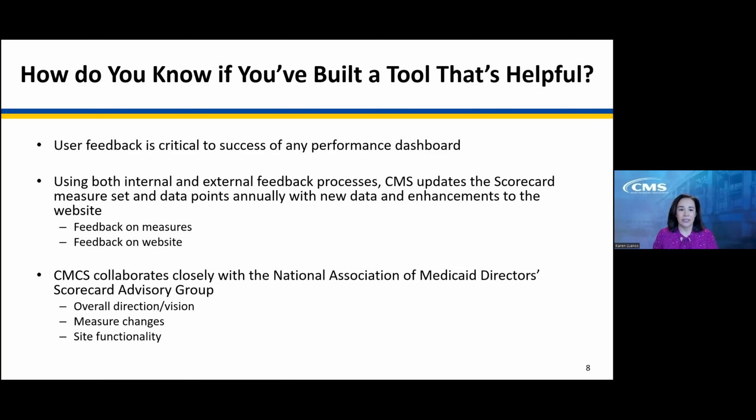And then we spend a lot of time with our key partners at the National Association of Medicaid Directors Scorecard Advisory Group. From the beginning, they helped us set the vision, the direction, the messaging, and the types of measure changes annually. They provide feedback on site functionality, and they have been integral to the success of our scorecard.